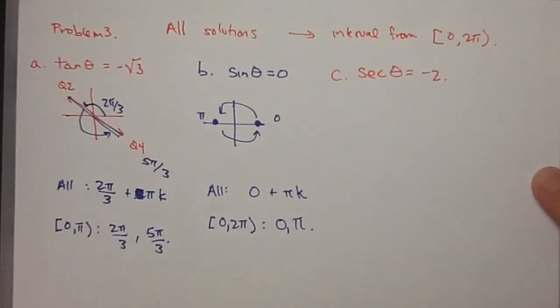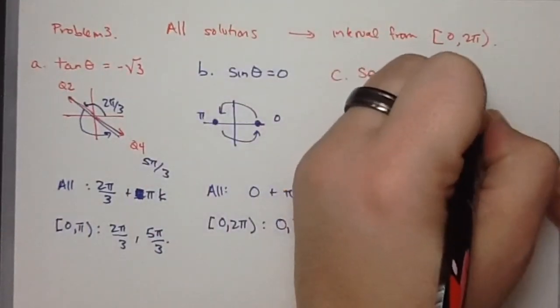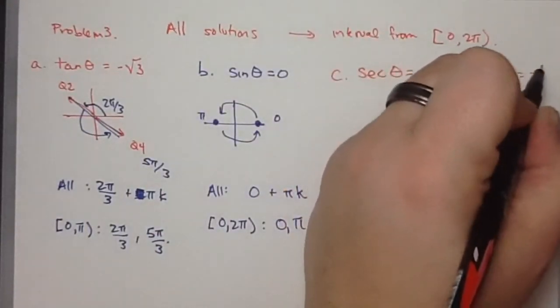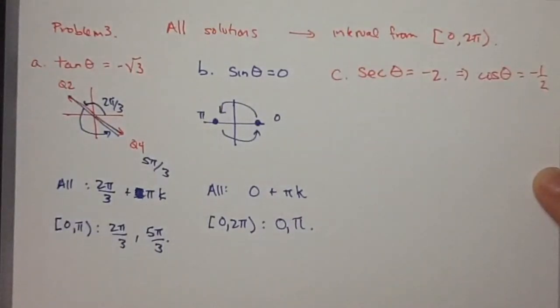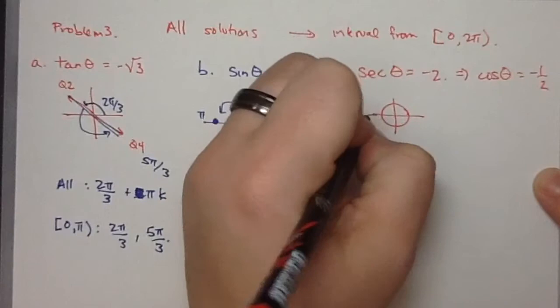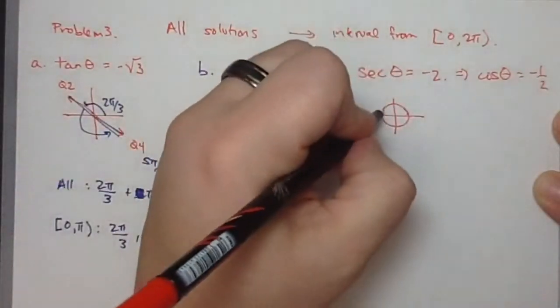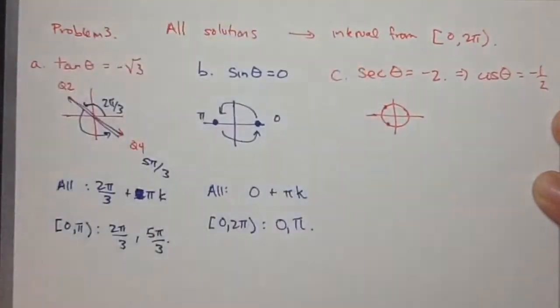Secant is 1 over the cosine. So if the secant of the angle is negative 2, that means that the cosine of the angle is negative 1/2. Okay, so I draw my little unit circle, and I'm trying to find the place where x is negative 1/2. So it's here and here.